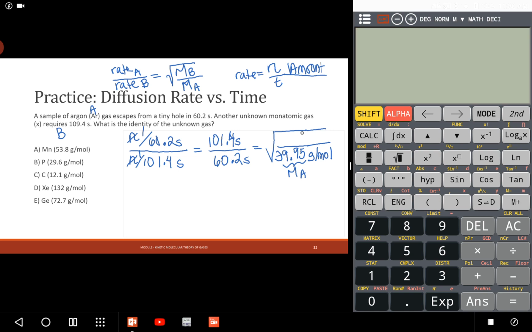So I'm going to do algebra first and isolate my variable, and then I'll plug this into the calculator. To undo the square root, I'm going to have to square both sides of the equation.